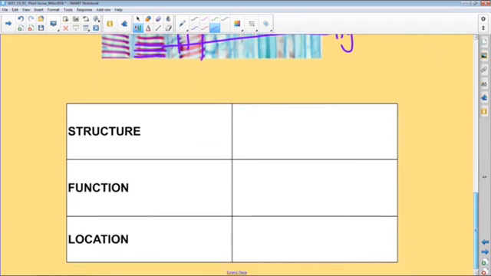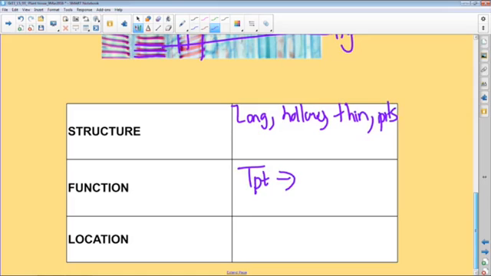I'm going to write the basics down because I want to get to phloem. It's long, it's hollow, it's thin. It has pits, and its function is to transport water and mineral salts.